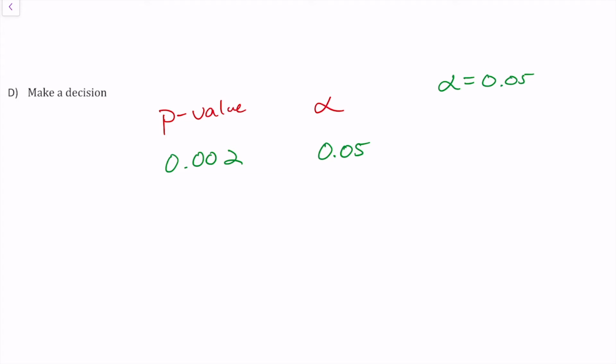Well, to make it even easier of a comparison, we can add as many zeros as we want to the end of a decimal. It doesn't change what that value is. So we compare 0.002 to 0.050, which means now we're comparing 2 to 50. Well, certainly 2 is less than 50. So we are in the case where our p-value is less than alpha.